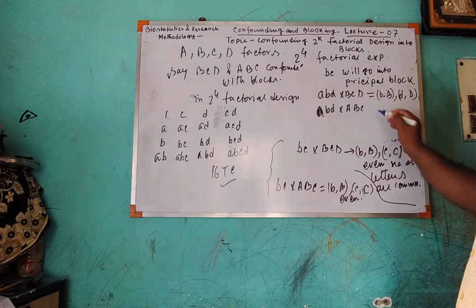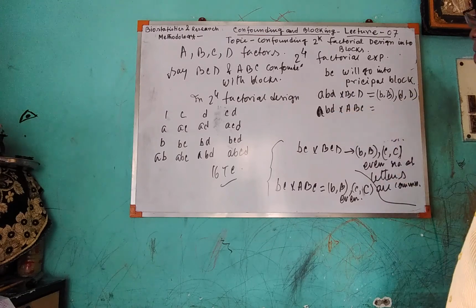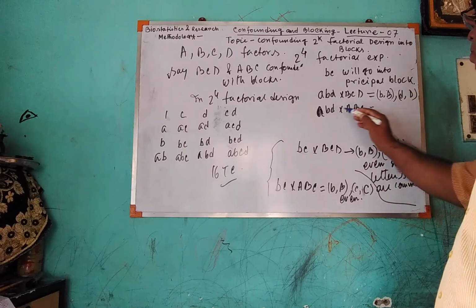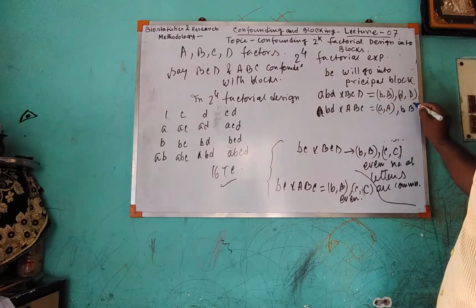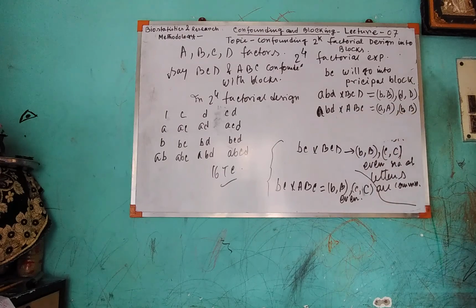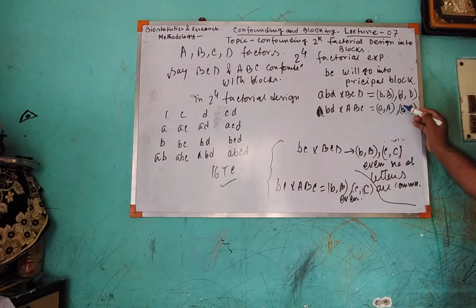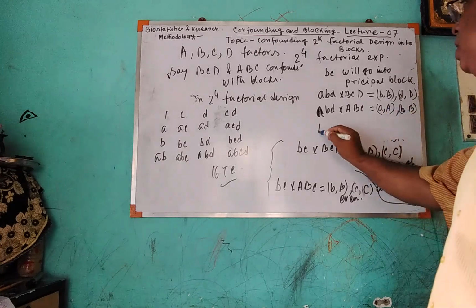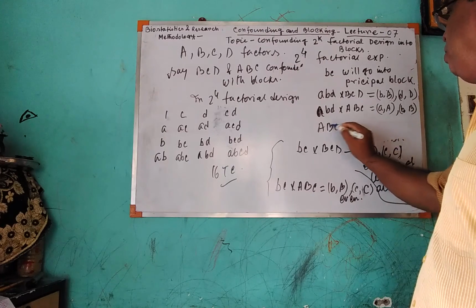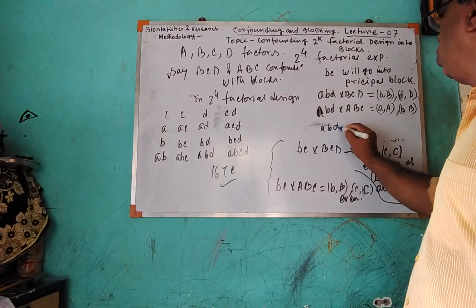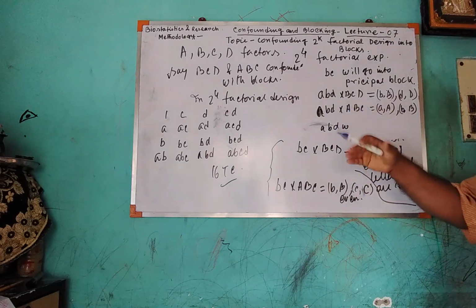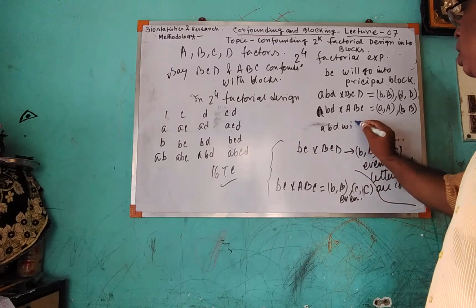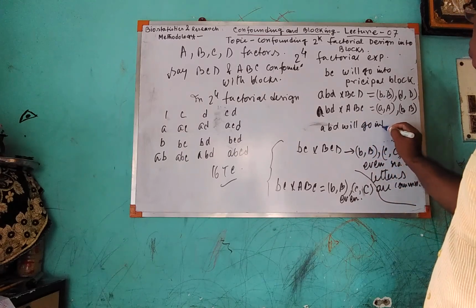So it is orthogonal. And ABD with ABC: A common and B common, here also two, an even number of letters are common. Therefore, ABD is orthogonal to BCD and ABD is orthogonal to ABC also. So ABD will go into the principal block.